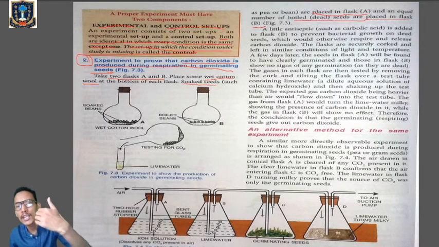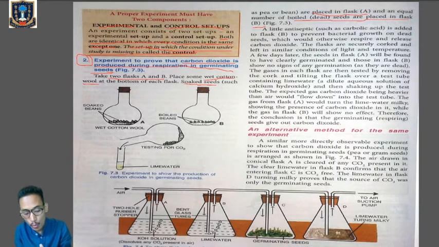Now, since we are using the dead seeds or the boiled seeds, in order to prevent the growth of bacteria, we also need an antiseptic. And what is the example of antiseptic? Carbolic acid. Function: to prevent the bacterial growth on the dead seeds. Clear?